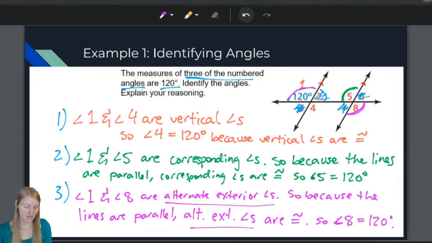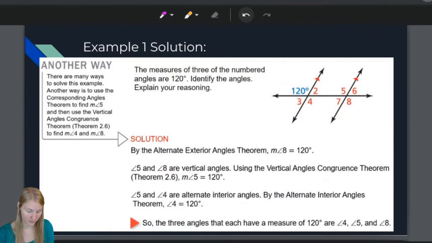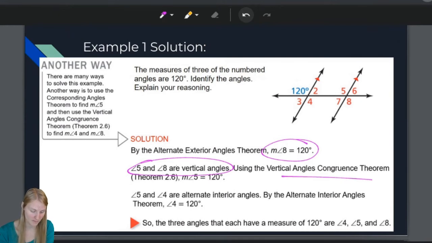Let's check our answers. By the alternate exterior angles theorem, measure of angle 8 is 120. Oh, they gave a little bit different answers than us. 5 and 8 are vertical angles, so the vertical angles congruence theorem says that the measure of angle 5 is 120. And 5 and 4 are alternate interior angles. So they gave a little bit different reason than us.